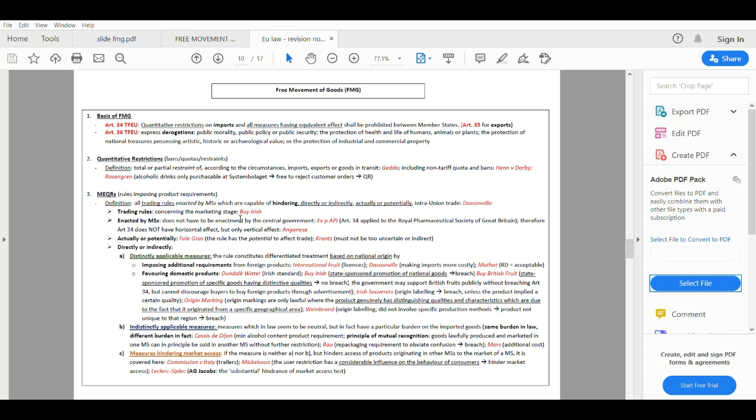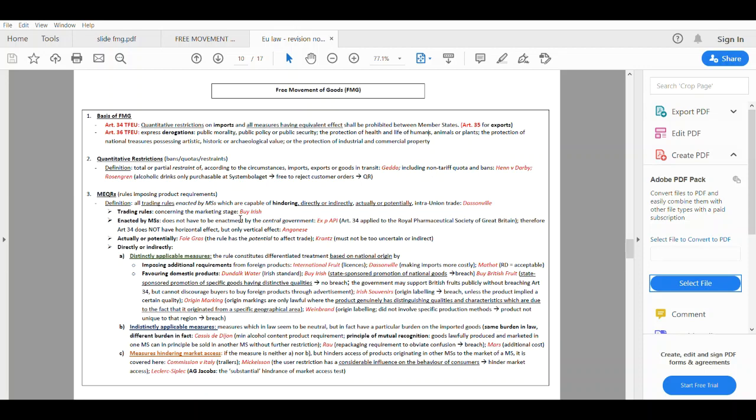The Cassis de Dijon case developed the principle which had its roots in the Dassonville case, towards indistinctly applicable measures. So you should bear in mind that the rule of reason, or the derogations developed by the Court of Justice, can only be used for indistinctly applicable measures.